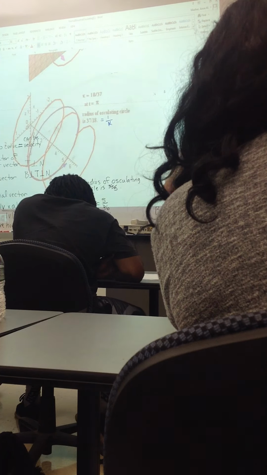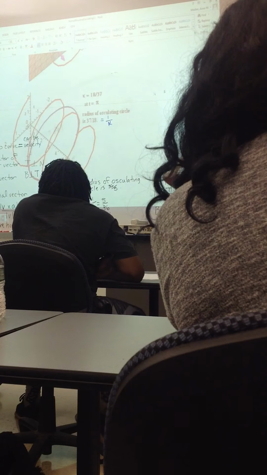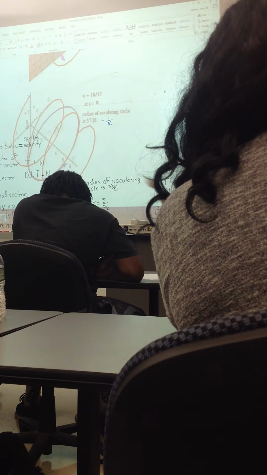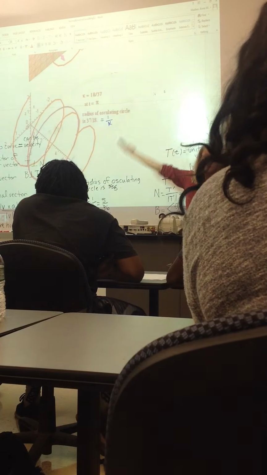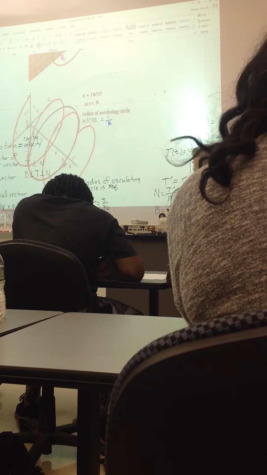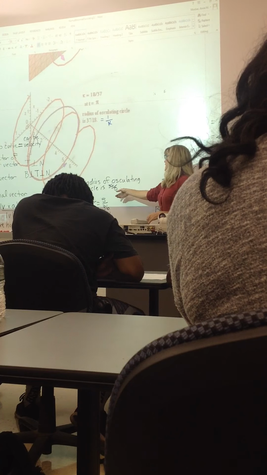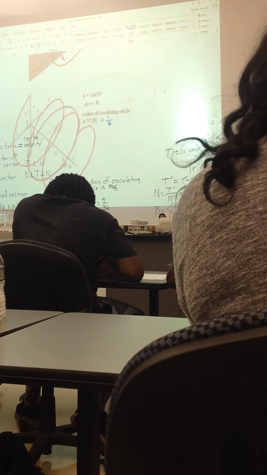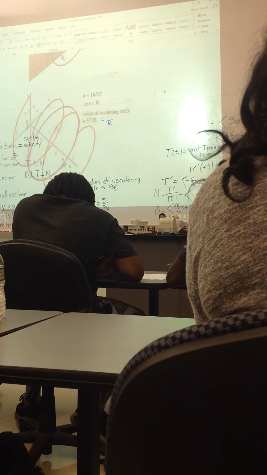Picture something really curvy, a really little circle would have to fit inside that curve. The more smooth it is, the more flat it is, the bigger the circle's going to be. So in this case, our radius is relatively big for the example that we were just doing.